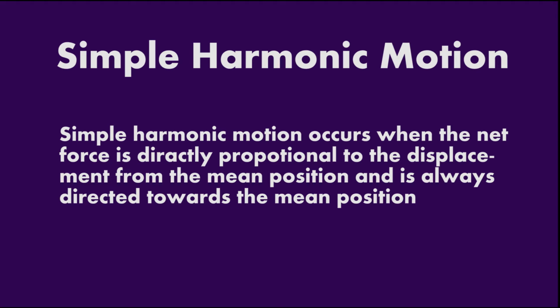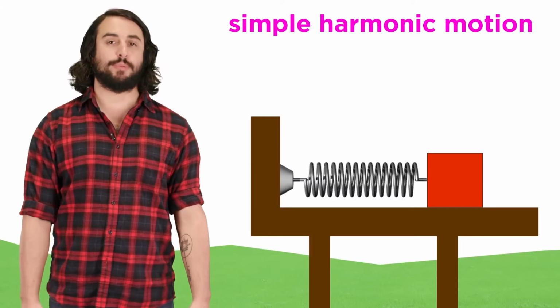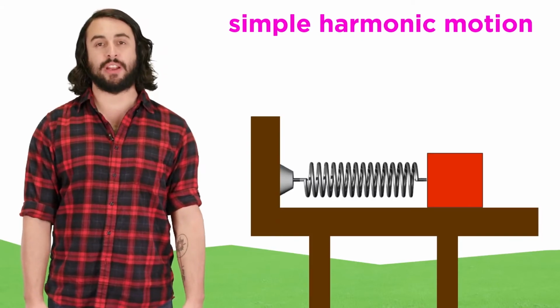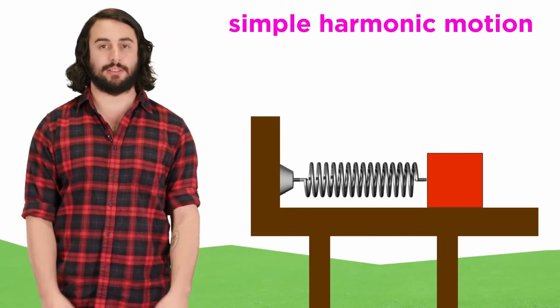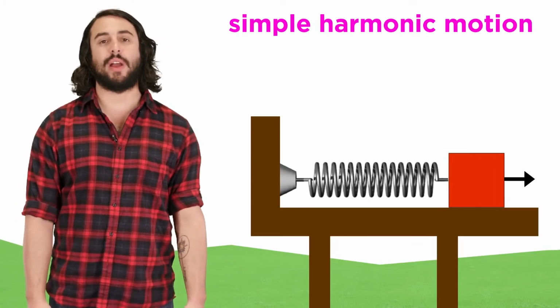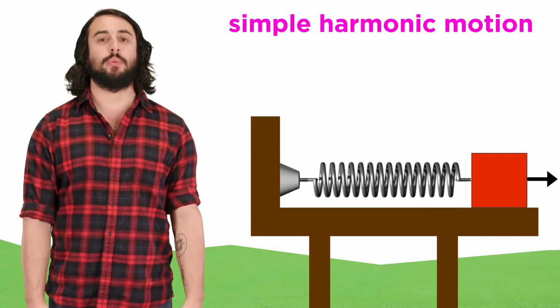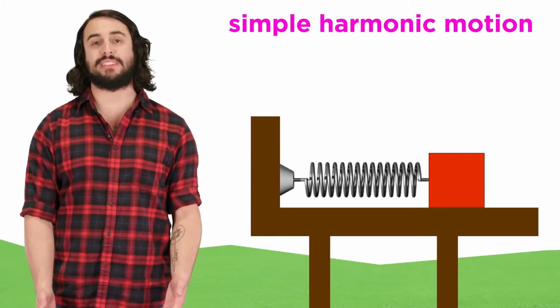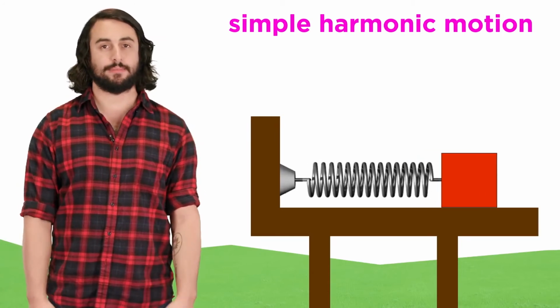Let's see some examples of simple harmonic motion. The motion of a mass attached to a spring. Say we have a spring that is attached to some stationary surface, and on the other end of the spring there is a block of a particular mass. If we pull this block so as to expand the spring, and then we release the block, it will vibrate back and forth between more compressed and less compressed states.